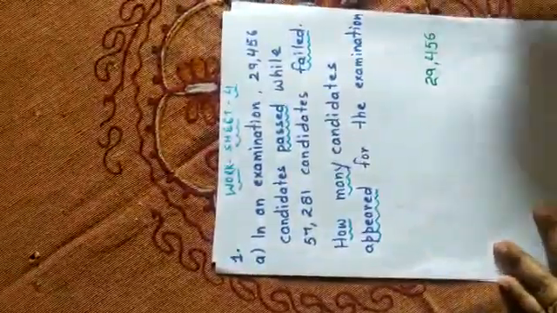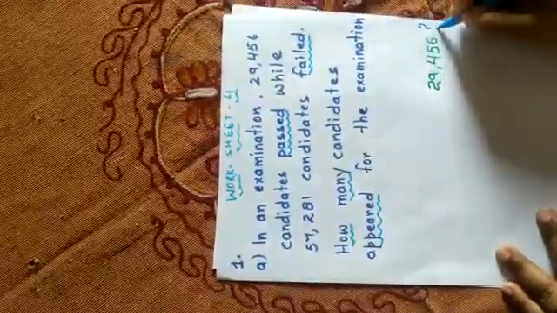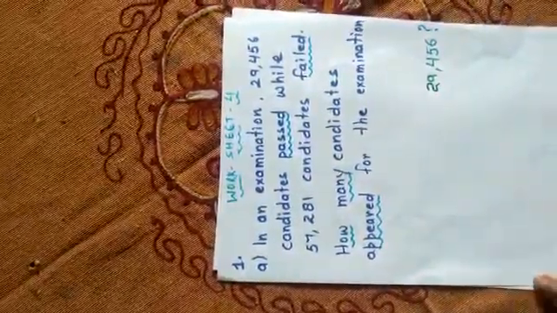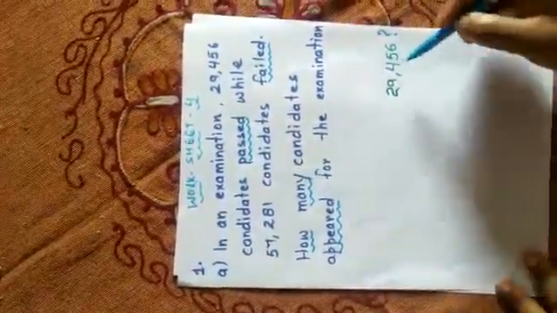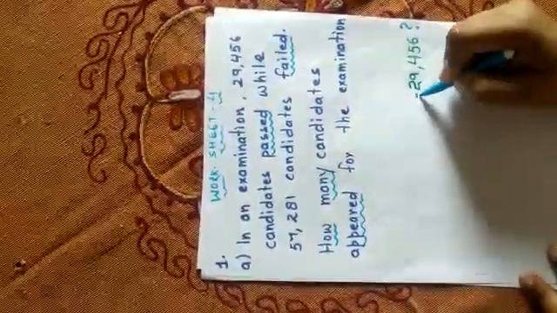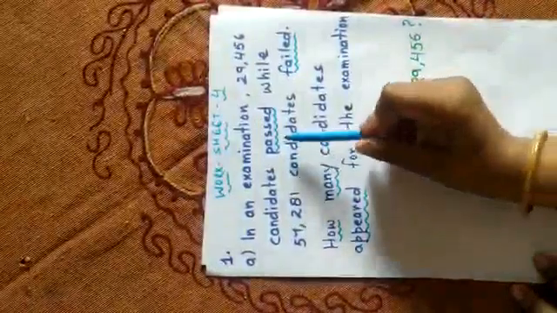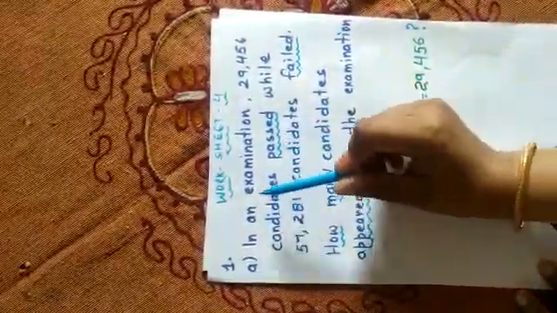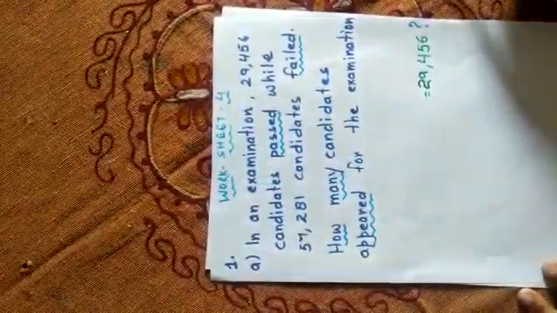29,456. What is it? The question must appear in your mind. What is this? 29,456. Passed candidates in the examination.